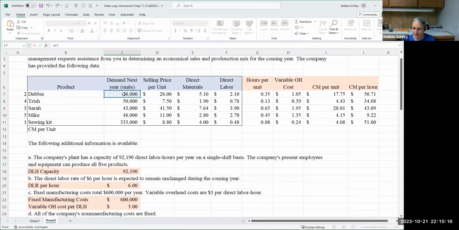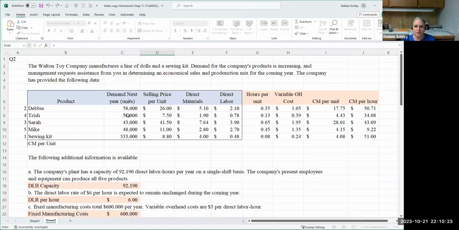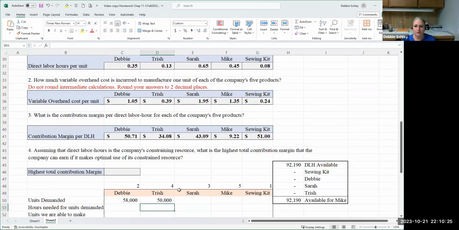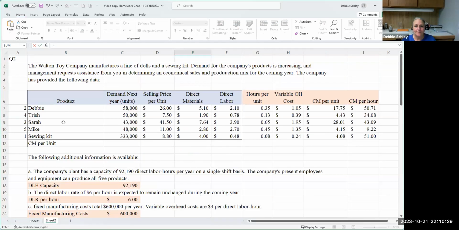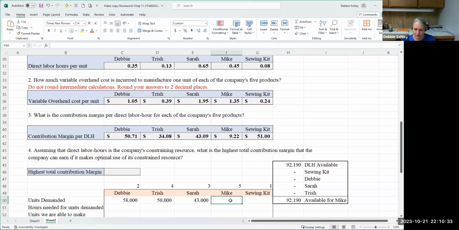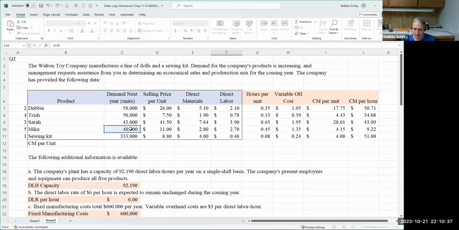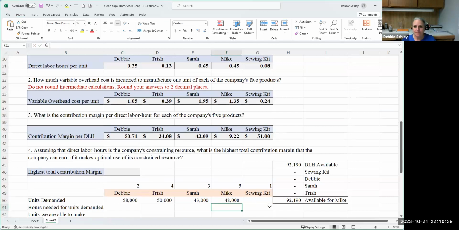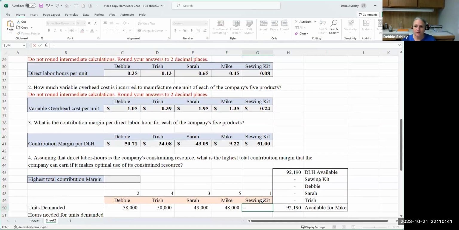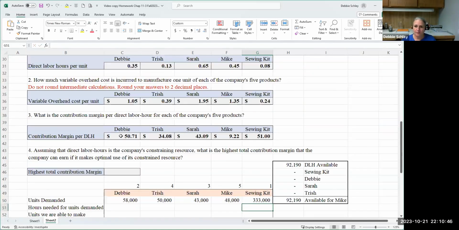Okay, so first thing, the units demanded was given to us very first. So the units demanded of Debbie is right there. And Trish, right there. Sarah, right there. And Mike, there. And the sewing kit, that's right.